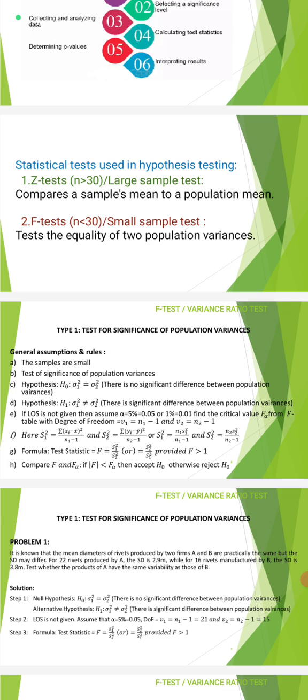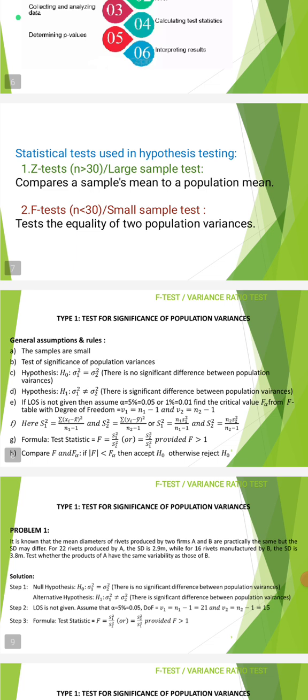The next formula: S1 square equals summation x minus x bar whole square by n1 minus 1, and S2 square equals summation y minus y bar whole square by n2 minus 1, or S1 square equals n1 S1 square by n1 minus 1, S2 square equals n2 S2 square by n2 minus 1.